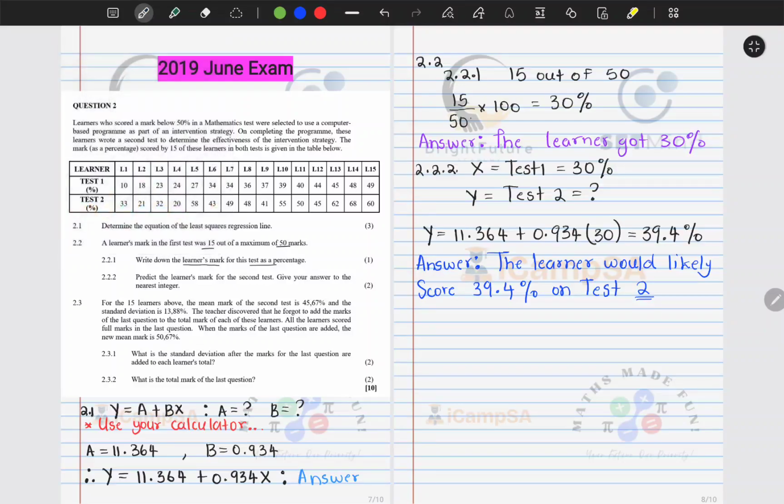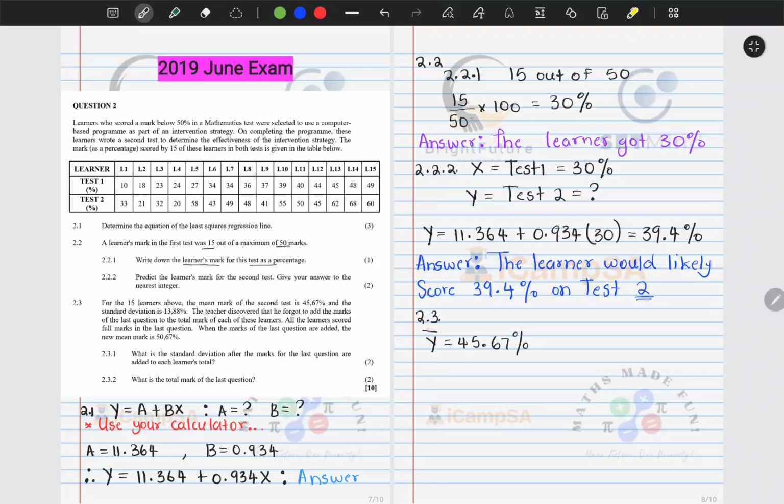Okay. So let's go to 2.3 now, where we are told for the 15 learners above, the mean mark of the second test is 45.67. So essentially, if we look at test 2, which is y, the mean for y is 45.67%.